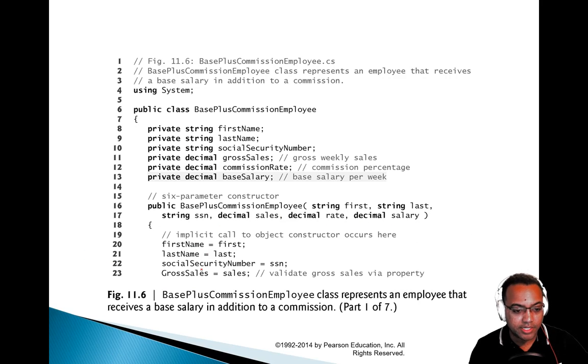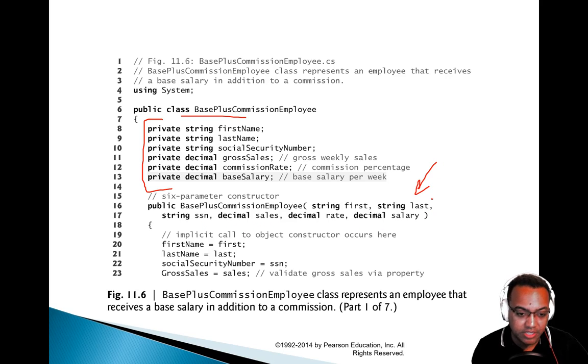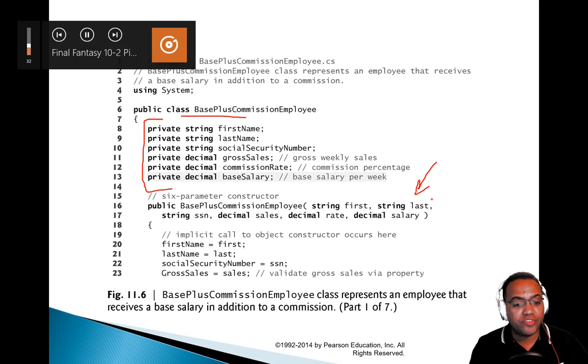And here's the base class. We just went over this, but we'll go over it again. We have the base plus commission employee that's got a truckload of private variables that we are manipulating through our constructor. The constructor asks whatever's instantiating the object, hey, I need you to tell me what these variables are. Fill these arguments.